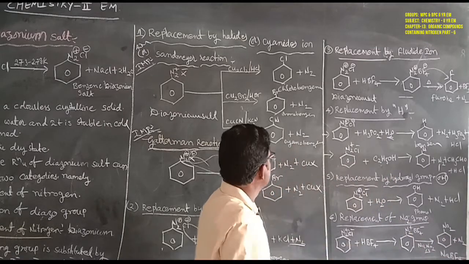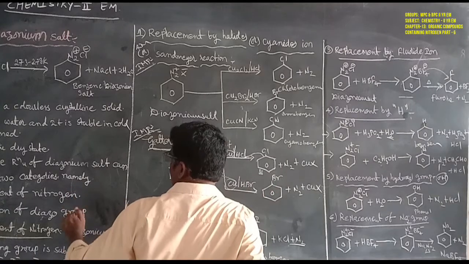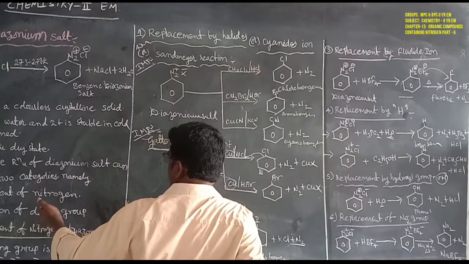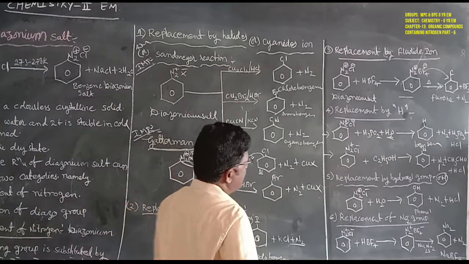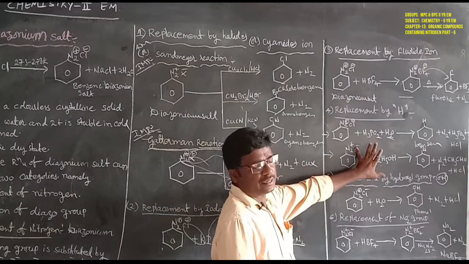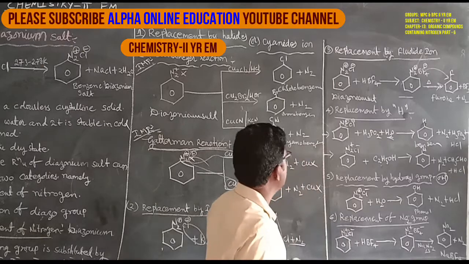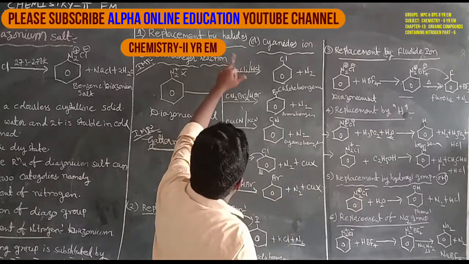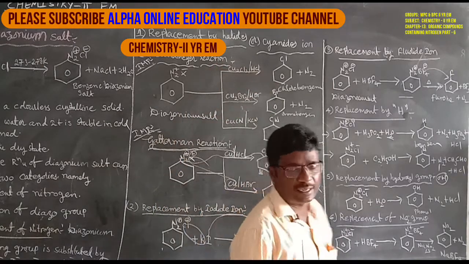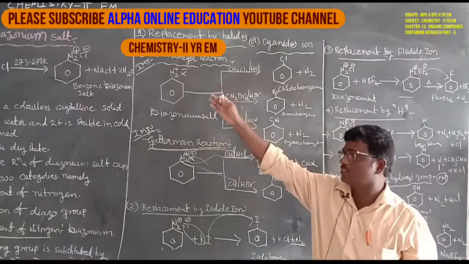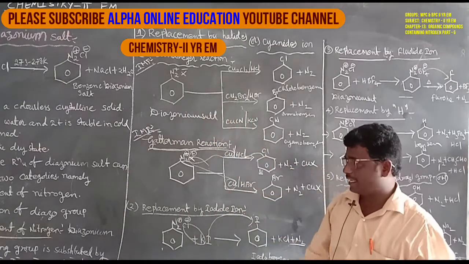That is the reactions involving displacement of the nitrogen atom. That is the replacement of halides and cyanide ions, that is also known as the Sandmeyer reaction and Gattermann reaction.